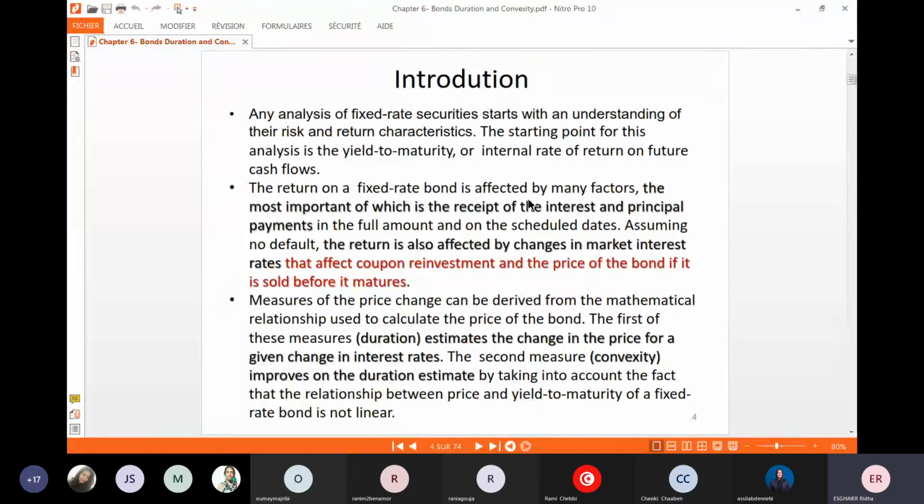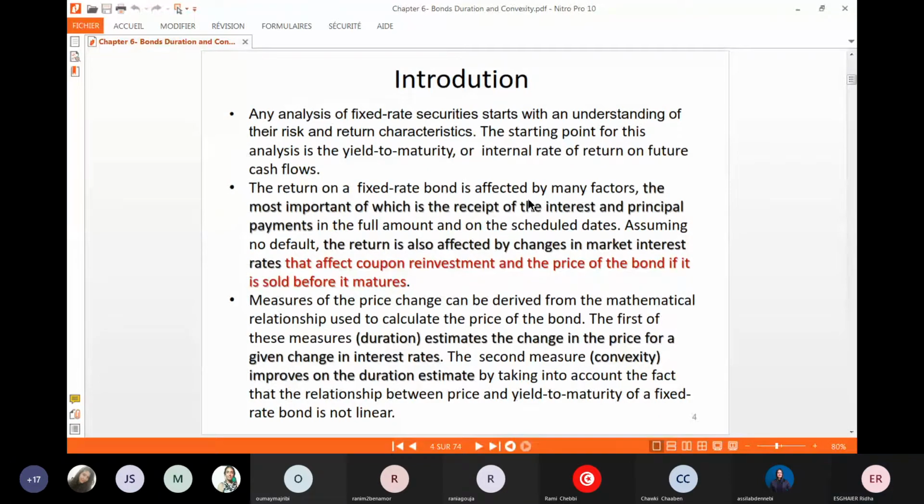Simply, this yield to maturity is the discount rate that makes the present value of what the bond will pay in the future equal to the price paid initially by the investor. Okay?